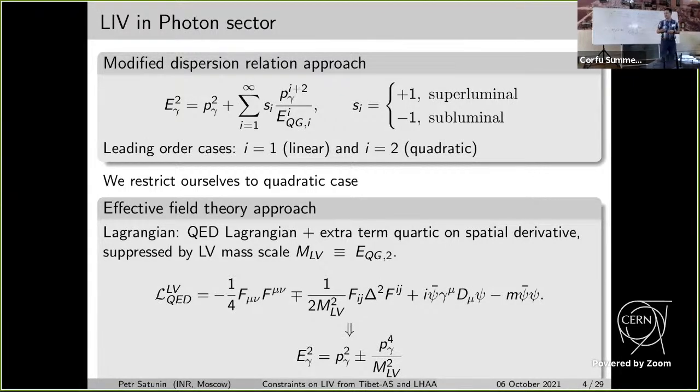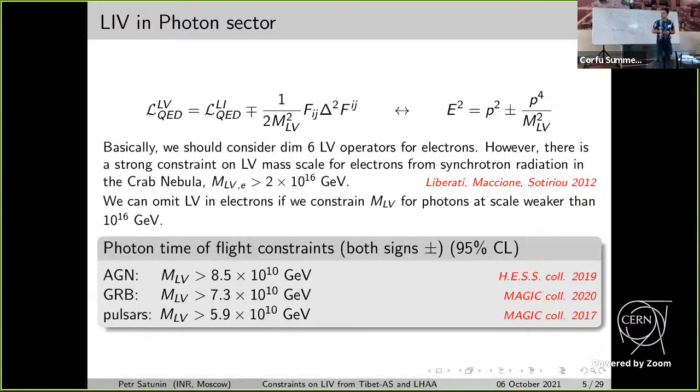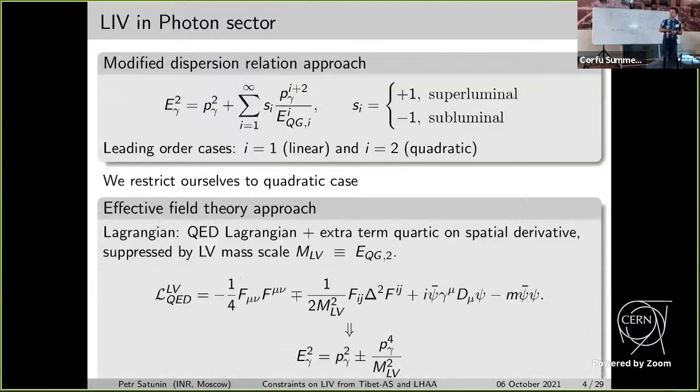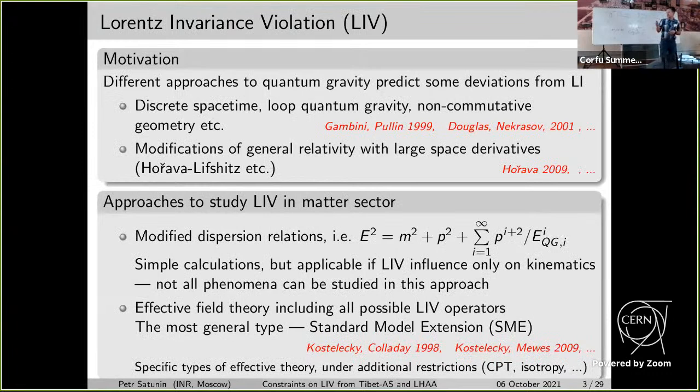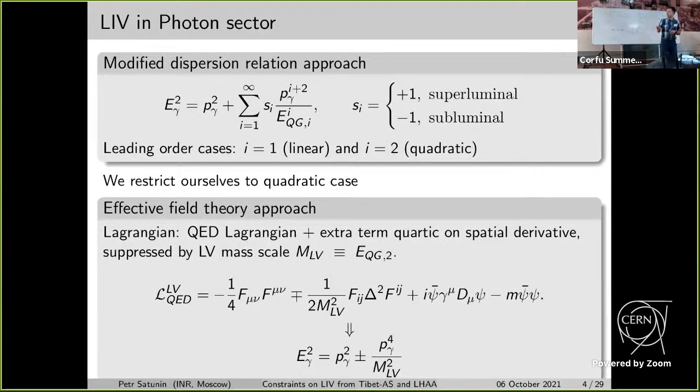It's the same approach. You obtain the dispersion relation directly from this Lagrangian. By super-Planckian, I mean that the constraints on E_QG1 are larger than the Planck mass.